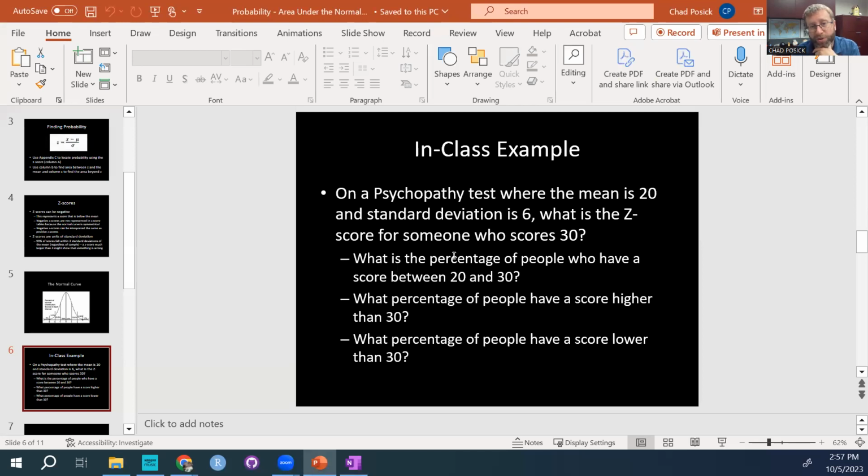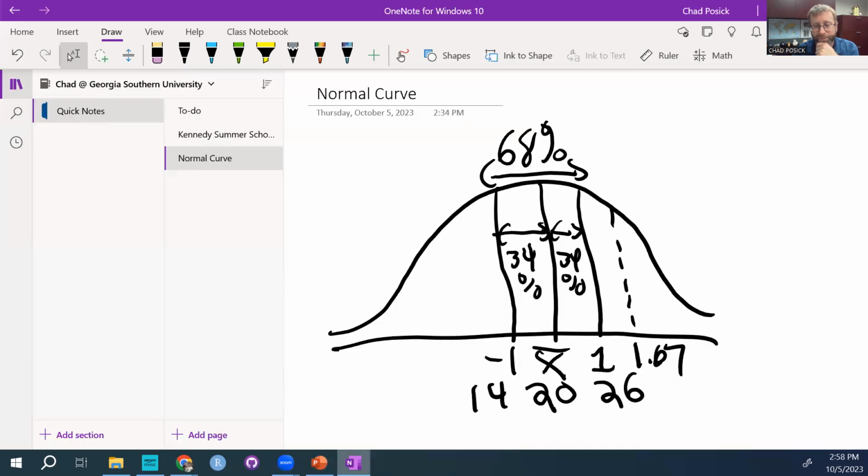I say, what is the percentage of people who have a score between 20 and 30 on that scale? So in between the mean and that individual score. And there's a couple ways that we can do that.